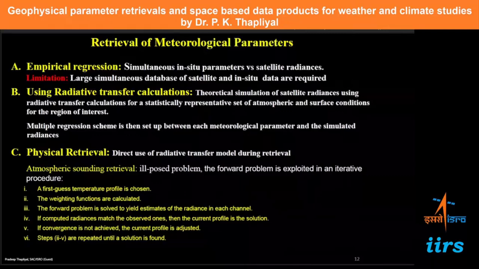If not, then you go on iterating till you get a stable solution where the difference between simulated brightness temperature from the first guess or modified first guess becomes very close to your satellite observed. And close means it should be within your sensor noise specifications. So this way you can go on iterating in physical retrieval, and at the end of your physical retrieval scheme, you get those parameters which you want to retrieve.